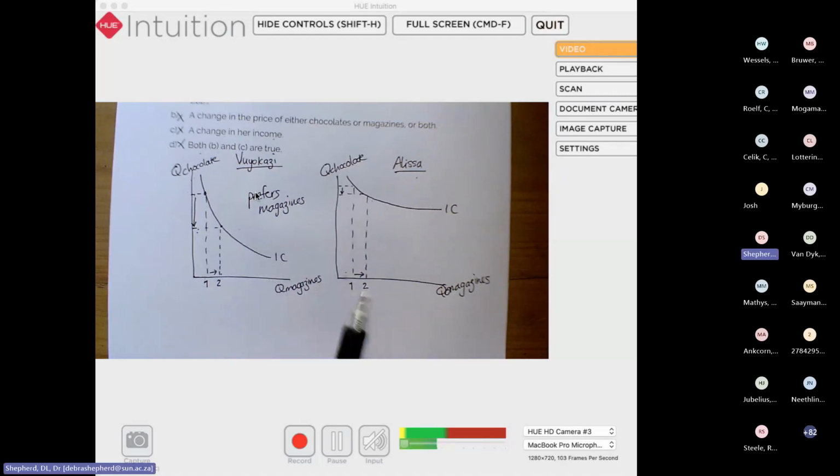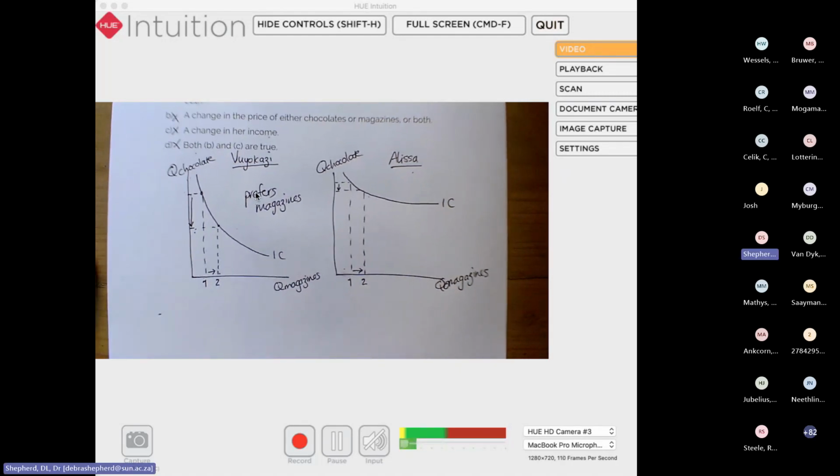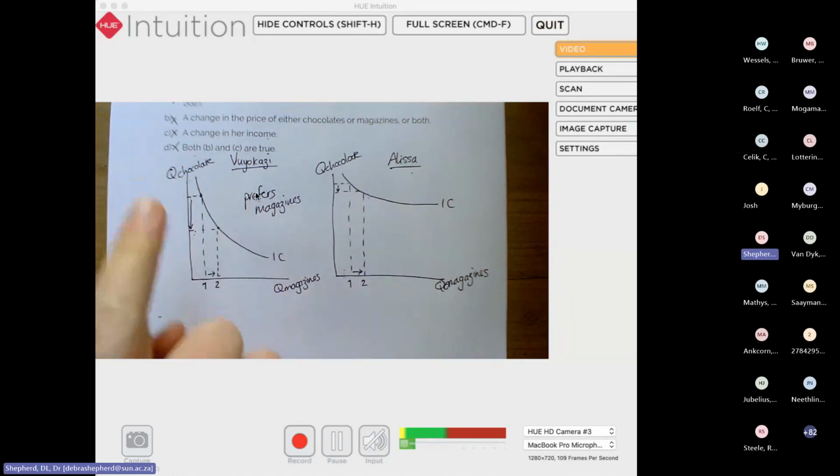Does that make sense? If you look at these two pictures next to each other, we can see how the shapes of indifference curves tell us about people's preferences. And so if preferences change, the shapes of indifference curves change.